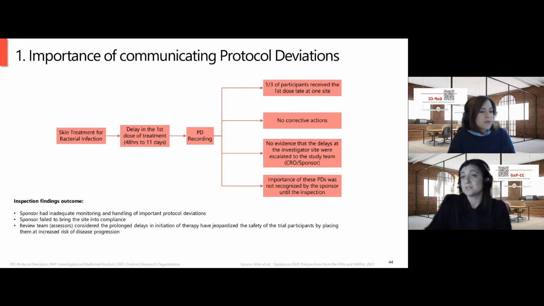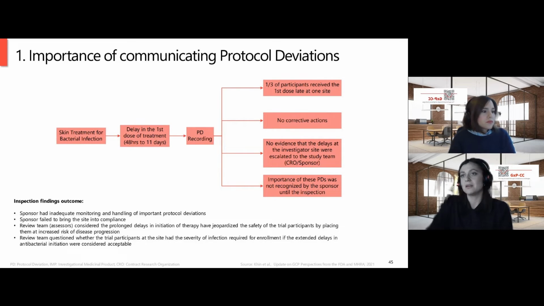And this disease was very bad, because some of the patients ended up hospitalized. So we don't want any increased risk of progression of such an infection. The review team also questioned whether these trial participants at the site had the severity of infection required for enrollment, if these extended delays were considered acceptable.